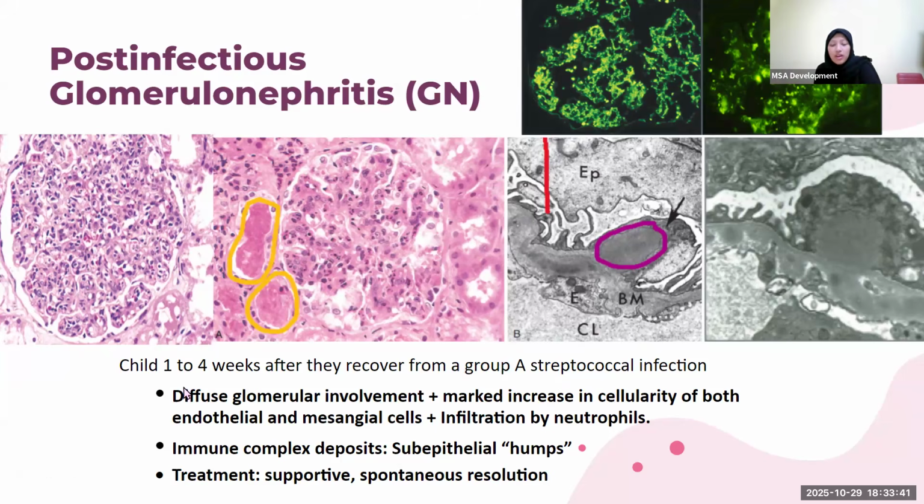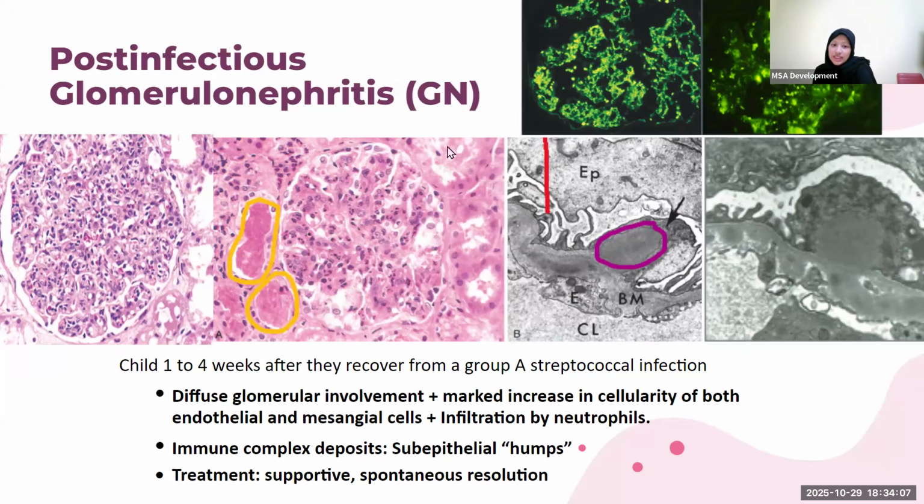Now, here are the hallmarks of this disease, which is diffuse glomerular involvement with cellularity in both endothelial and mesangial cells, and you would have inflammatory cells, neutrophils around. There are deposits, again, this is subepithelial. Even though the endothelial is being affected, just remember this is subepithelial, on the side of the podocytes.